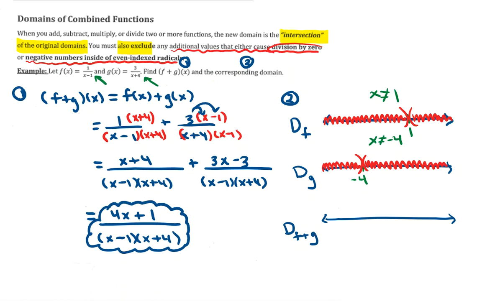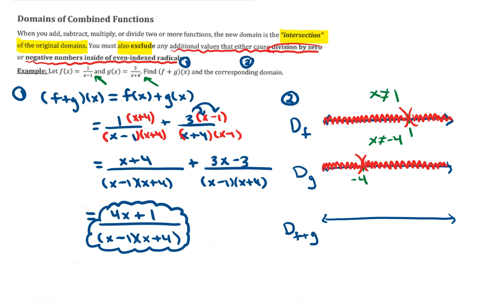All right, so as it says at the top here, the new domain is the intersection of the original domains. So basically, we're tasked to figure out what is in common from a shaded perspective between the number lines for d sub f and d sub g. Well, it's basically going to be everything that doesn't include 1 and -4 at the same time.